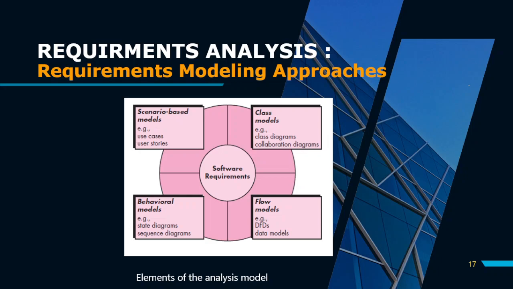Coming to the class models, we have class diagrams and collaboration diagrams. Behavior models help you understand the system behavior with the help of state diagrams and sequence diagrams. Flow models, how data or information or decisions flow through the system, are shown with the help of DFDs, data flow diagrams. And there are data models. So these are the elements of the analysis model. Mainly we are going to discuss scenario based models. So let's see that.